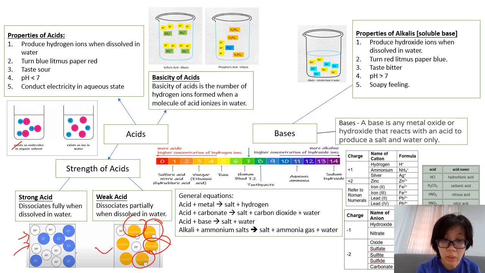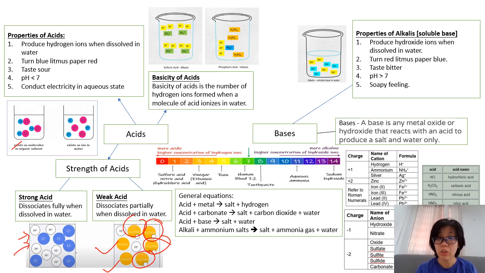Only these 2 dissociate into its H plus and the other, the COOH minus ion. So only part of the acid molecules dissociate. So we call this a weak acid. Examples of such acids are ethanoic acid, which is your vinegar. So they are considered weak acids.